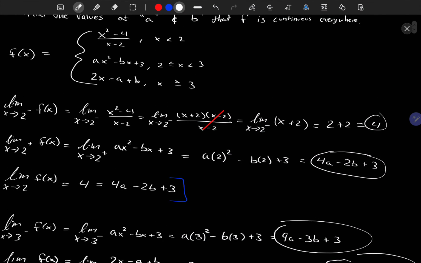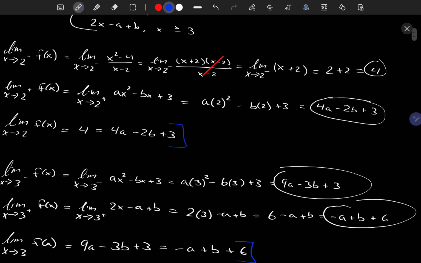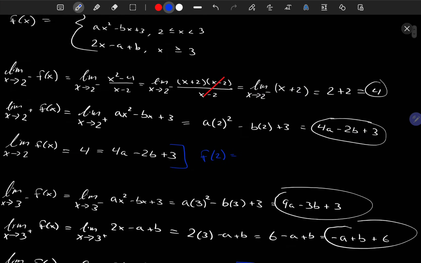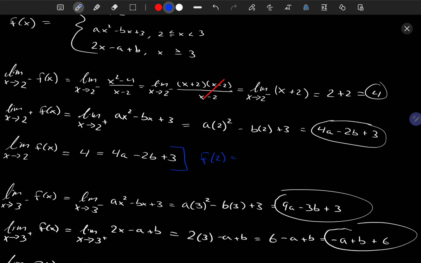Because if we have f of 2, just as a reminder, and we plug it into where it gives me less than or equal to, we have a times 2 squared minus b times 2 plus 3, which is equal to 4. Two minus 1 plus 3 equals 4.